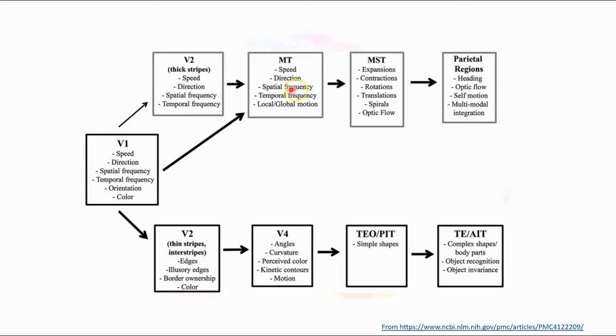For example, area MT in the dorsal stream processes the input information of speed and direction of the object or image, while area V4 in the ventral stream processes the input information of angles and curvature of the object.